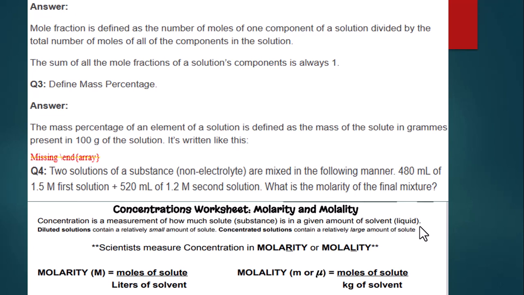So when we have a concentration, when we have a solute, we have to give it a certain amount of a solvent. In this case, we will say a liquid. We have to know, if I have this amount of solute, how much can I dissolve completely inside of a solvent.